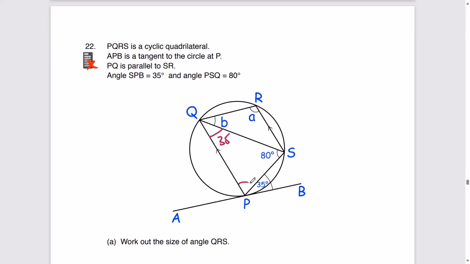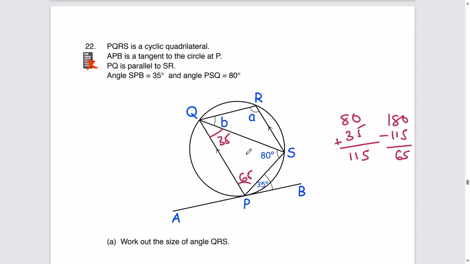And so you can easily work out here. And this plus this, 35 plus 80 is 115. And then subtract it from 180. It's just about 65. So here's 65.